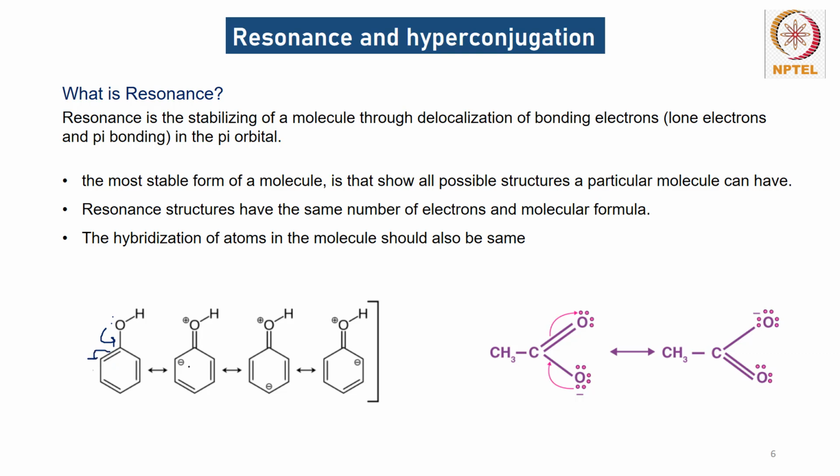Then in the next structure, this negative charge goes here, and the next one, it comes here, then goes here, and comes back here, and we get back our first structure.